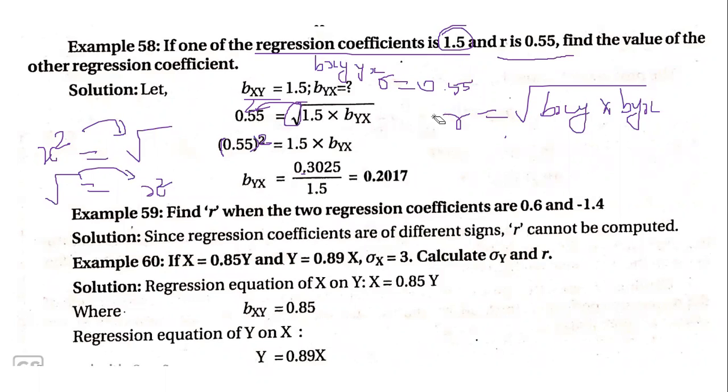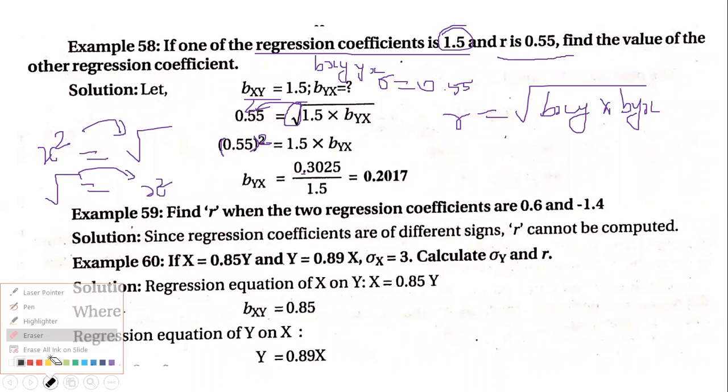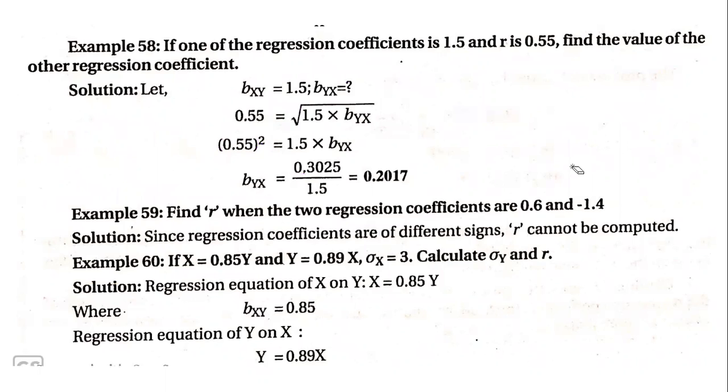So this is the next problem. Any doubts in this problem? If you want me to repeat it again at any point of time, you can say so that I can repeat it.